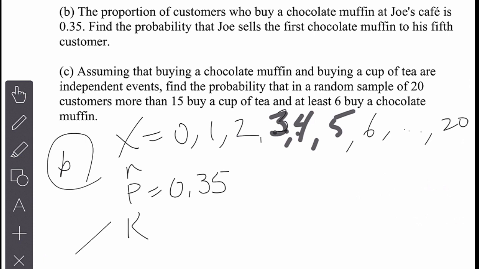It's not binomial because I don't understand the question. I cannot frame the question in terms of the binomial setting, number of successes out of 20 tries. This is about the order. This is more of a Poisson or something. And it's not binomial, so I am not going to do that one.